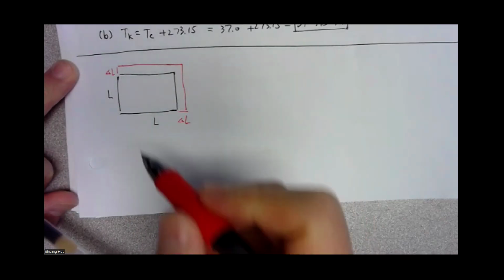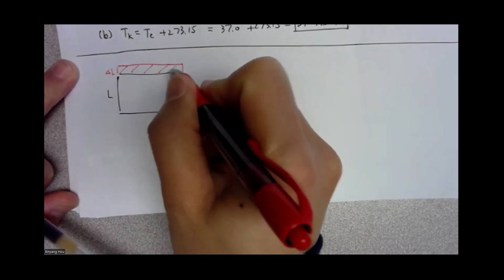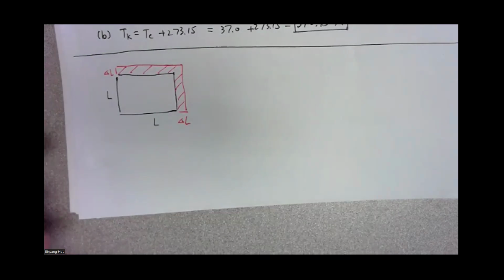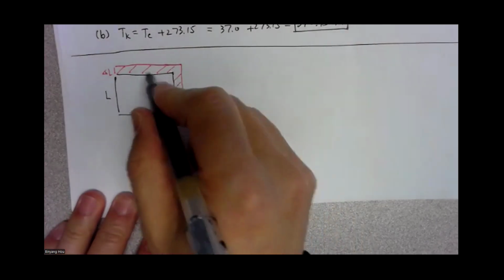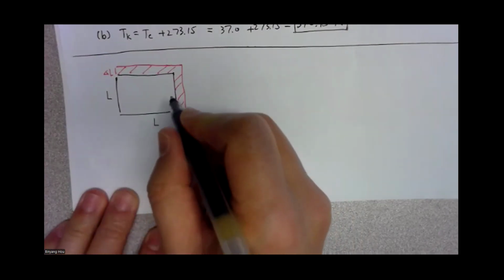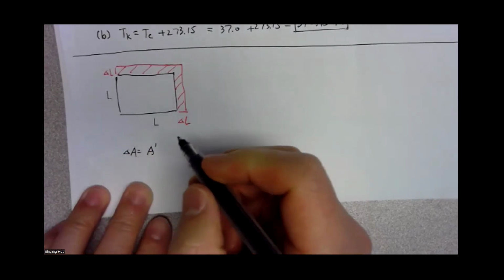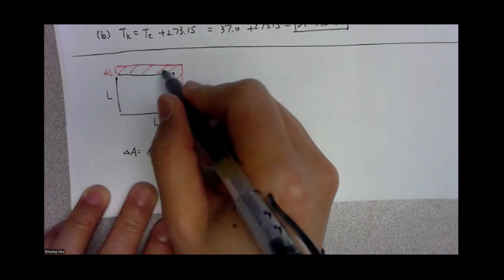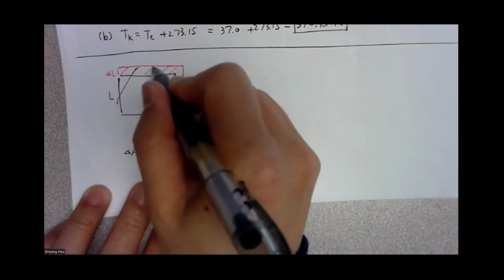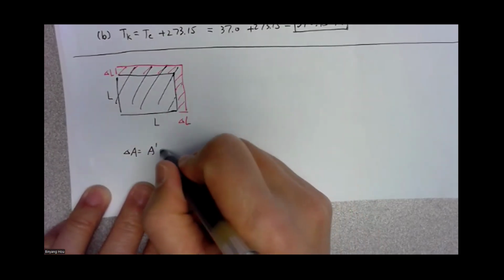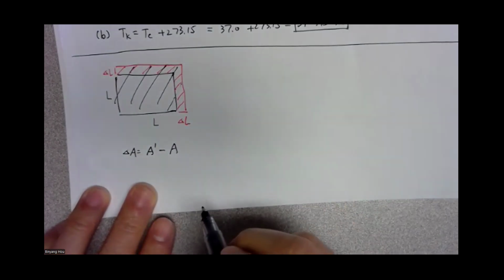The expansion part then will be this, okay? So the amount of expansion should be the area of this. So delta A is A prime, the area after expansion, this whole thing here, minus the original area, okay?